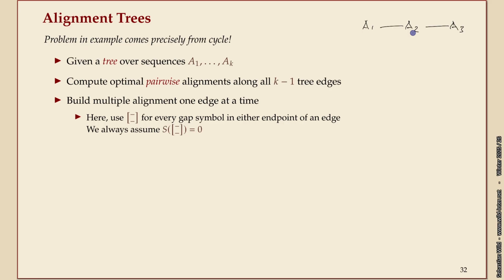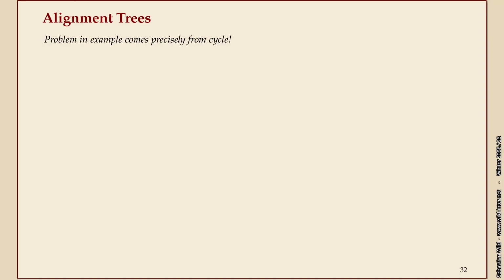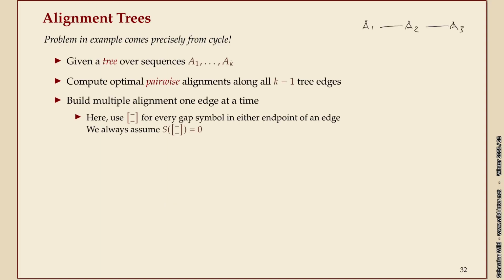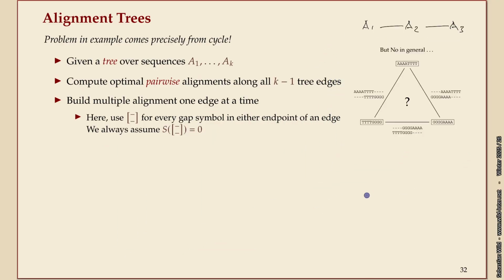Let's do some concrete example to make this a bit more concrete. And maybe it's a good idea to just use this bad example here. So we have to decide on an order. Instead of going all the 3 edges, let's delete arbitrarily one of them, say this one.